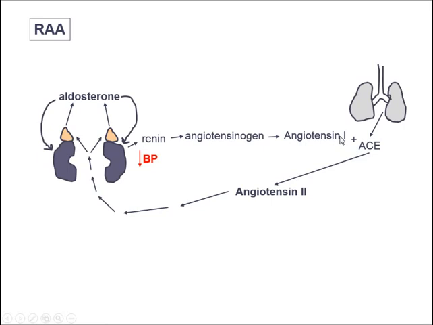In the presence of angiotensin 1 in the blood, the lungs will release an enzyme called ACE, which is angiotensin converting enzyme. The presence of angiotensin converting enzyme will then convert angiotensin 1 to angiotensin 2.